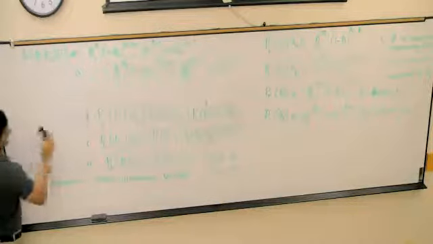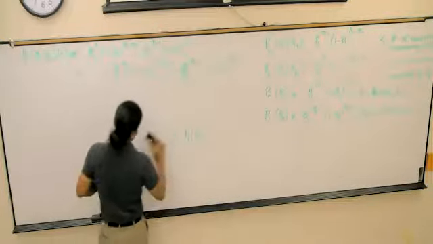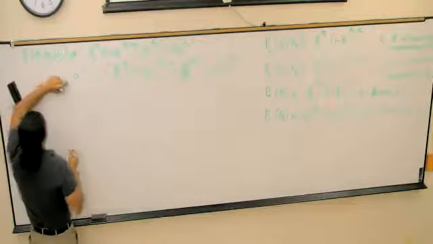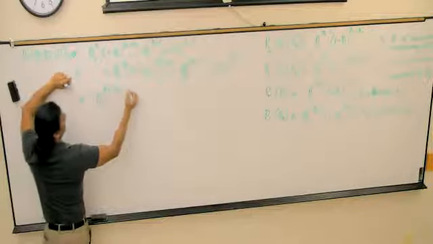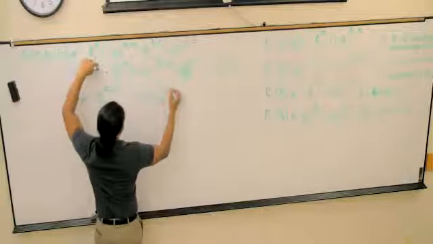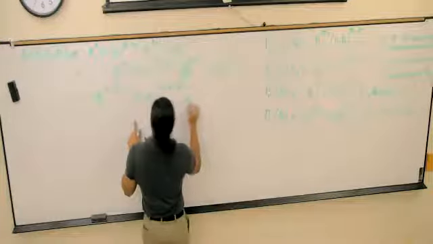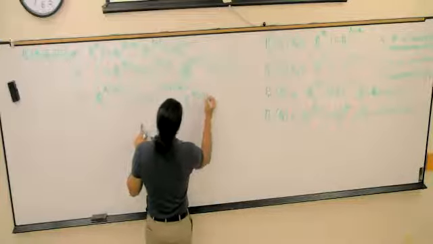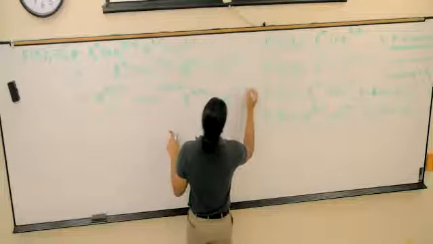Combining: theta 1 raised to x1 plus a1 minus 1, times 1 minus theta 1 raised to n1 minus x1 plus b1 minus 1, times theta 2 raised to x2 plus a2 minus 1, times 1 minus theta 2 raised to n2 minus x2 plus b2 minus 1.